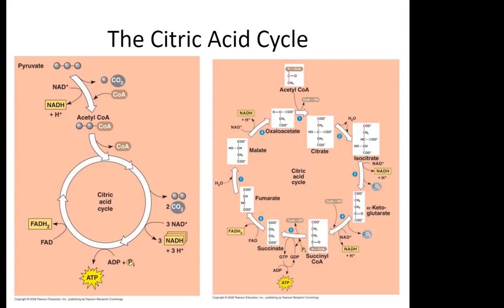Carbon dioxide produced again, NADH produced again. Oh, we have another coenzyme coming in here. That must mean that going from alpha-ketoglutarate, from succinyl-CoA to succinate requires a little bit of additional energy, right? So there it is. We also see that because there's some ATP, right? So we're actually going to take some energy from that. Anytime you see GTP and GDP, we're not going to talk about it.